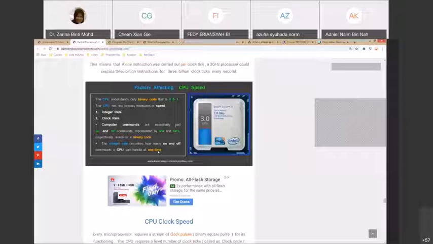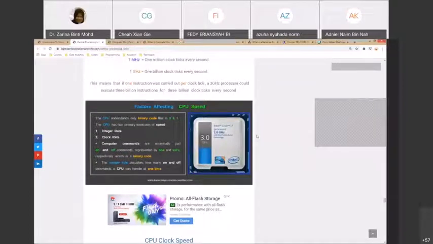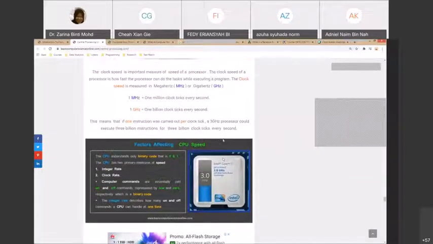And if the specification also states that the clock rate is 2.8 gigahertz, for example, ataupun the clock speed is 2.8 gigahertz, it means that in 1 second, it can process 2.8 giga instructions per second. Okay, so this is what it meant by CPU speed lah.